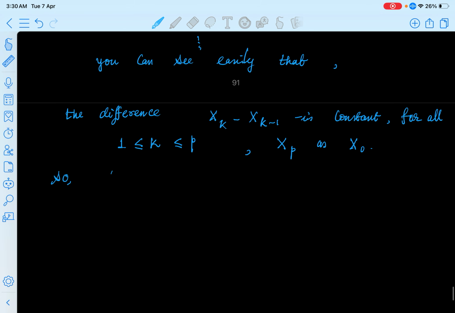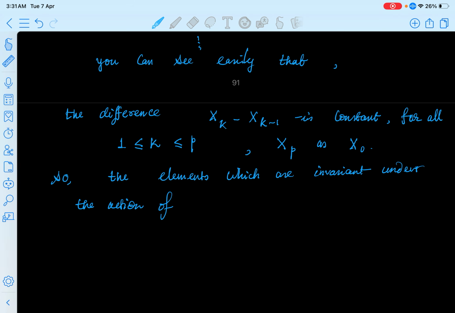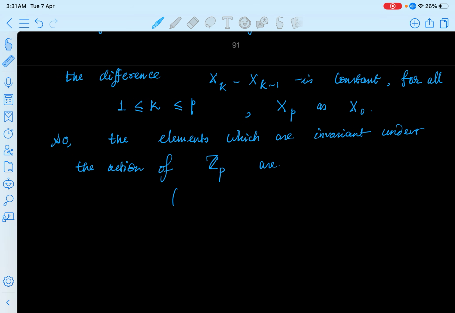So the elements which are invariant under the action of Zp are (0, k, 2k, up to (p minus 1)k) mod p, where k lies in 1, 2, up to p minus 1.